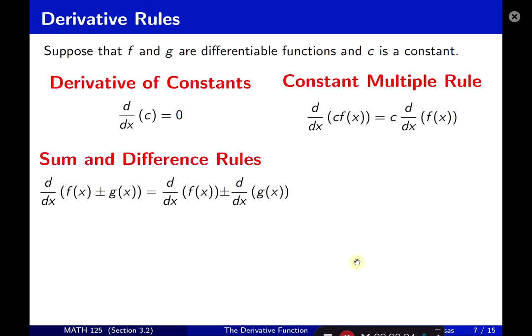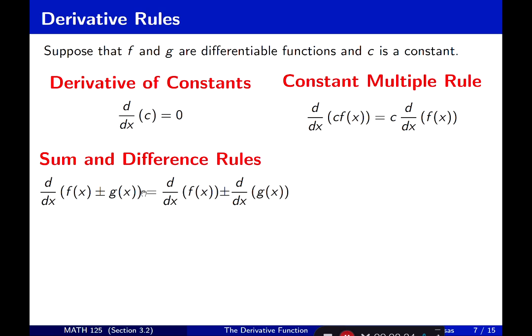So the next rules to notice are the sum and difference rules. The constant multiple rule for derivatives is a consequence of the constant multiple law for limits, and the sum and difference rules for derivatives are consequences of the sum and difference laws for limits.